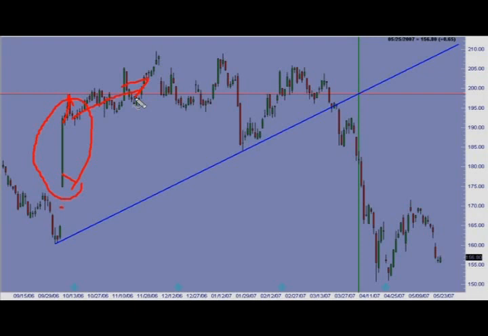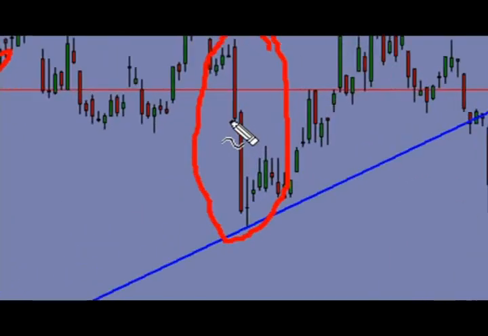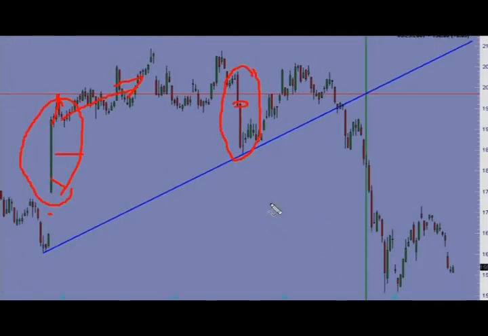Another version of the explosive move is the dual bar explosive move. An example can be seen right here, where you have two bars, and if you look at it, it ends up about the same length as we see over this bar, but the difference is it took two bars to get there. The characteristic of these two bars is a slight overlap between the two, and that's typically what you will see when these dual bar explosive moves occur.